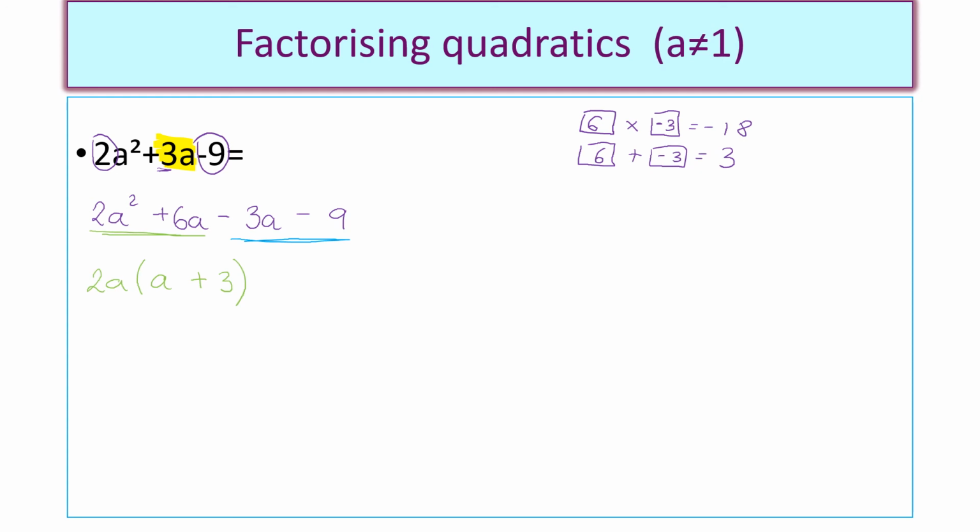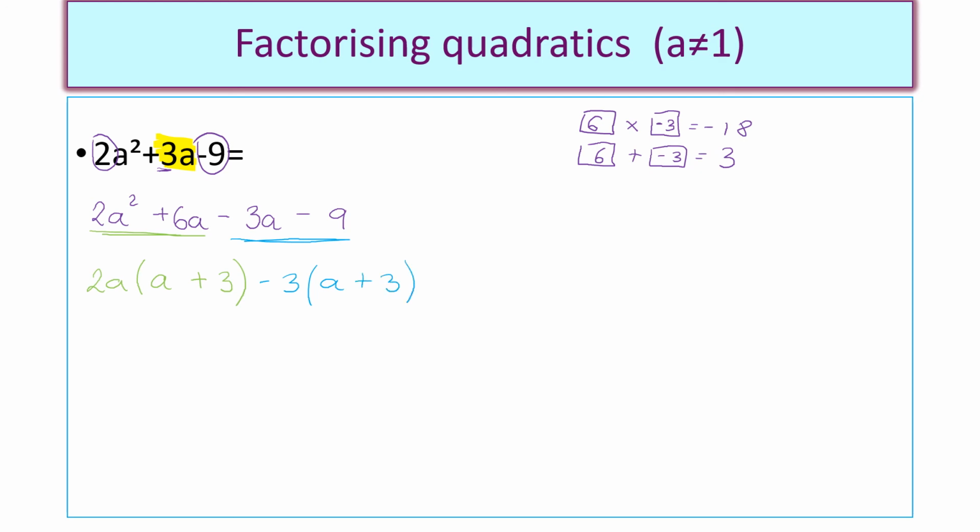Now for the second part, the highest common factor will be negative 3. I want negative 3 because remember that I want the same expression inside the bracket. So negative 3 times what is negative 3a? That's a. And negative 3 times what is negative 9? That is positive 3.